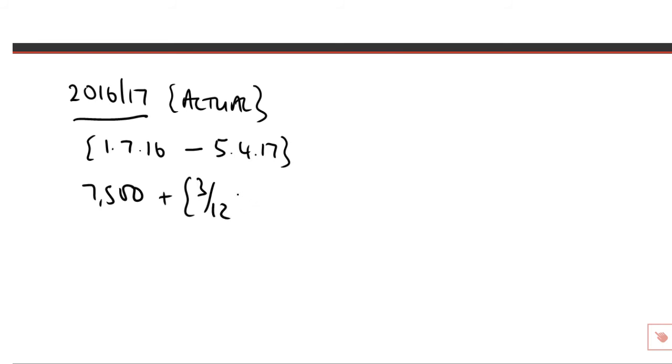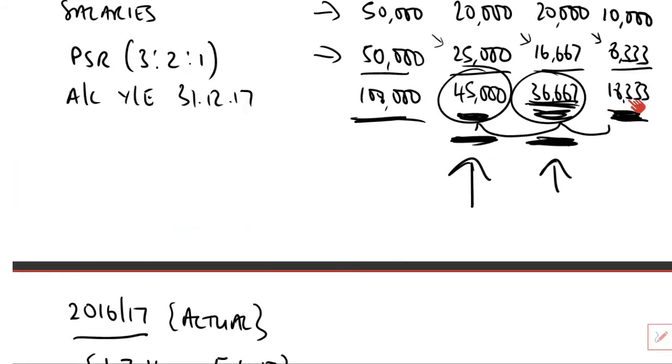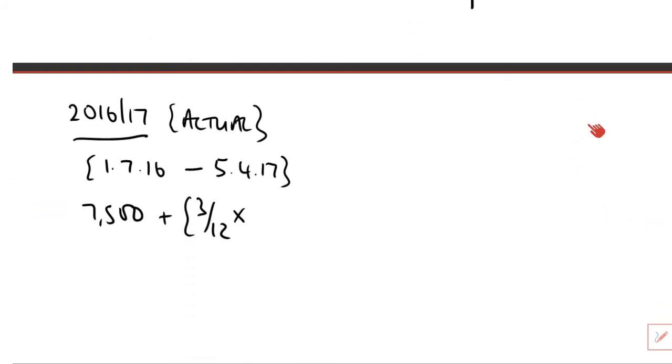It was a 12-month period. And for that year ended 31st of December 17, we had determined a tax-adjusted trading profit for FC of 18,333. So we want going in now 3/12 of 18,333.